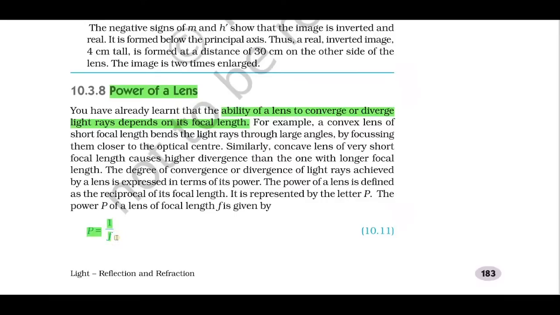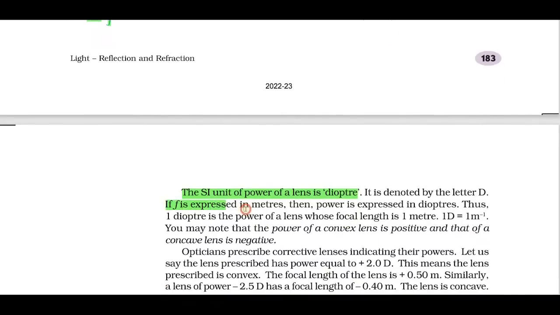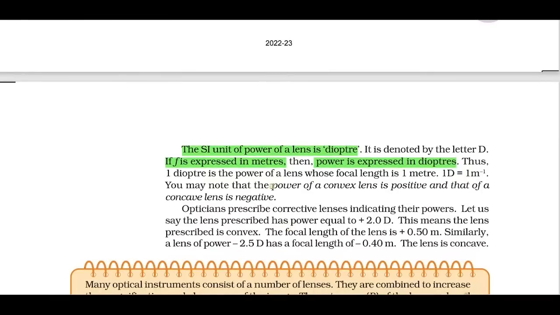The unit of power of a lens is what? Diopter. It is usually represented by the letter P. The SI unit of power of a lens is diopter. f is always expressed in meters. Power is expressed in diopters.